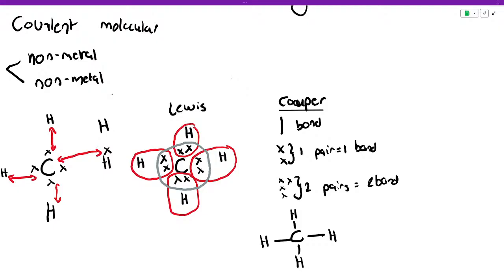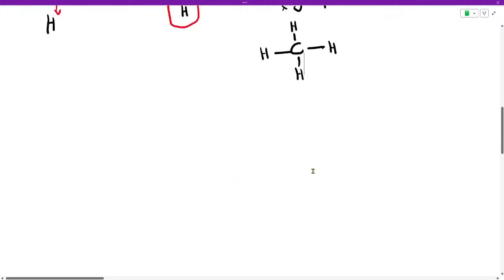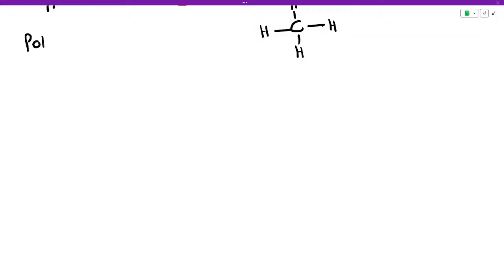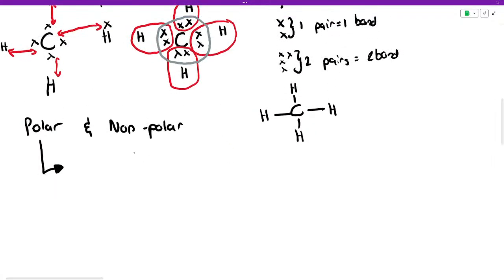Right. Now, when we look at covalent molecular, there's something called polar and non-polar. This only applies to this kind of bond. So this also you have to heavily rely on your periodic table, because you are not learning the electronegativity or affinity. Now, what this means is if it's polar, when they share electrons, it's not an equal share.